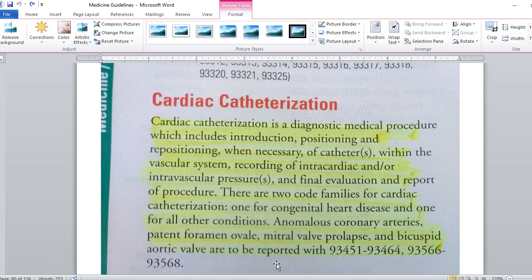Okay, so again, keep that in mind. Anomalous coronary arteries, patent foramen ovales, mitral valve prolapse, and bicuspid aortic valves are to be reported with codes 93451 to 93464 and 93566 to 93568. So again, they're just letting us know where to go for these specific conditions.